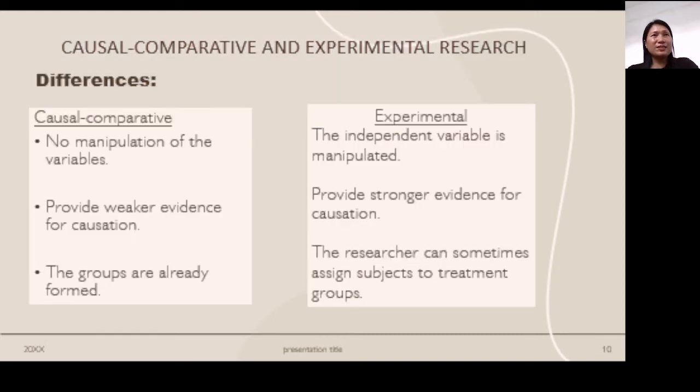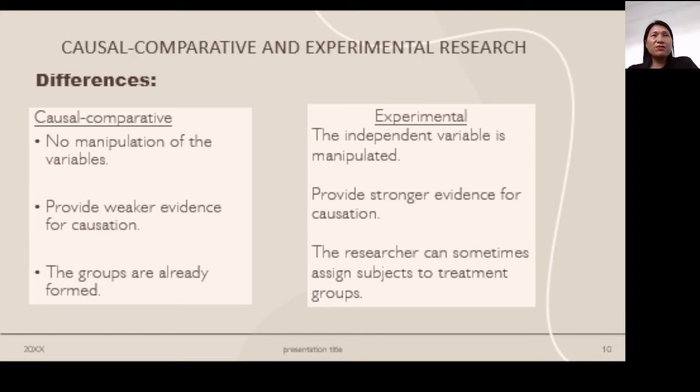For their differences, in causal comparative research there is no manipulation of the variables, while in experimental research the independent variable can be manipulated. And causal comparative research provides weaker evidence for causation, while experimental provides stronger evidence for causation.